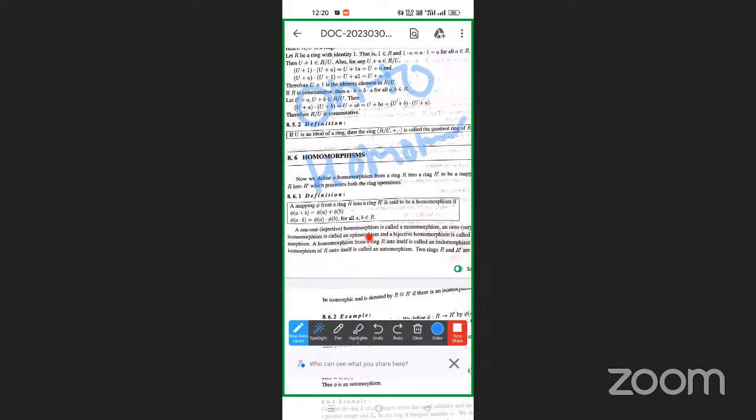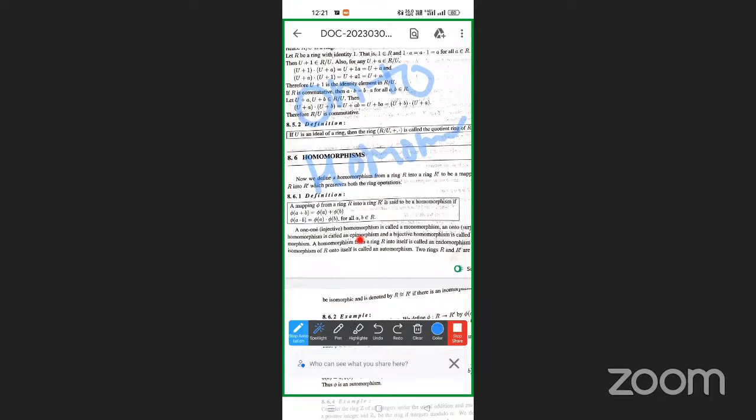So epimorphism is nothing but pi satisfies the onto condition and pi is a homomorphism. One-one is another name for injective, and onto is another name for surjective. So monomorphism is nothing but homomorphism and the one-one condition, and epimorphism is nothing but the onto condition and homomorphism. When these two conditions are satisfied, we can say that pi is called epimorphism.